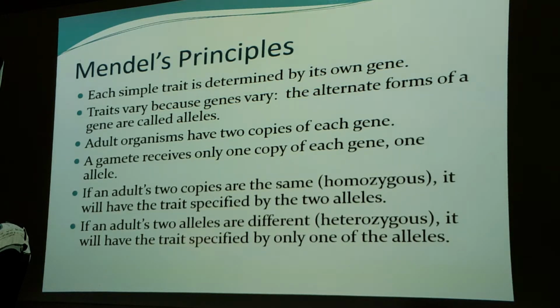Okay, so each simple trait is determined by its own gene, and a simple trait is one that's only determined by one gene. Traits vary because genes vary. The alternate forms of genes are called alleles. Do all traits have more than one allele?